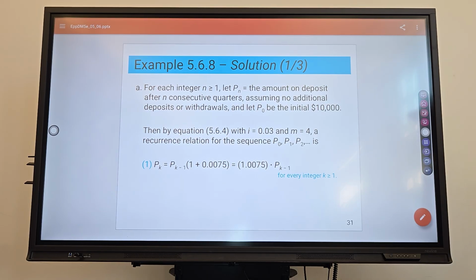Then by equation 5.6.4, with i equals 0.03 and m equals 4, a recurrence relation for the sequence is P_k equals P_(k-1) times (1 plus 0.0075), or 1.0075 times P_(k-1).